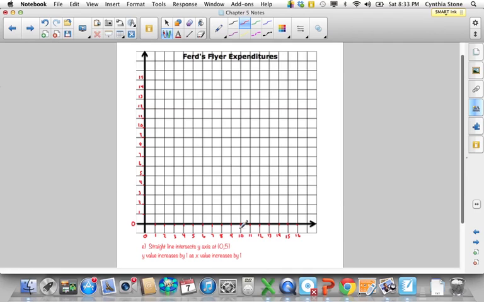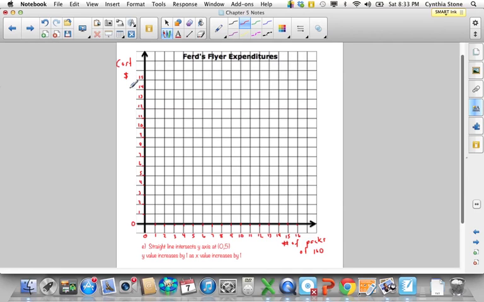If you need more time, the x value is the number of packages of 100. This is like my F, right? And this is total cost.